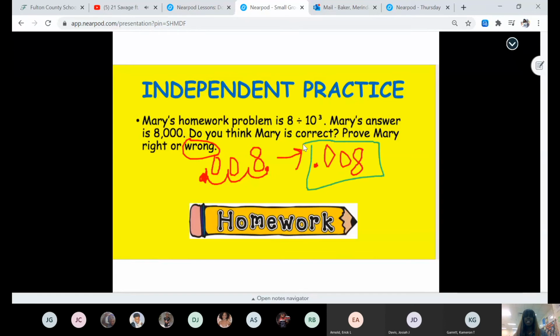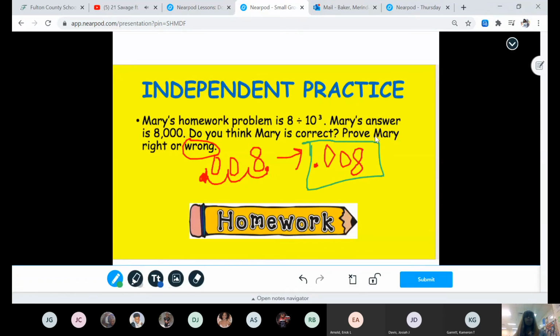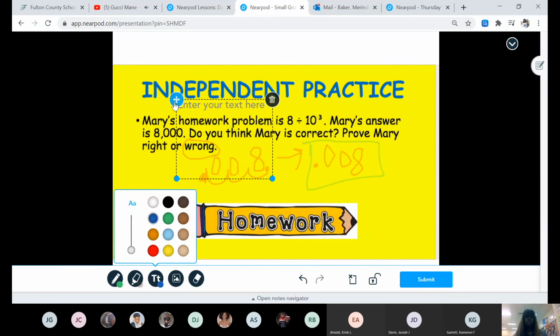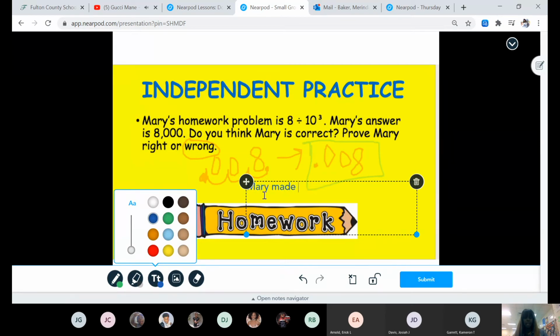She should have gotten 8 thousandths, and we found out what she did wrong, and I'm going to type my answer. So remember, you're going to have some constructive responses where you have to type in what she did wrong. Mary made a mistake by multiplying instead of dividing.